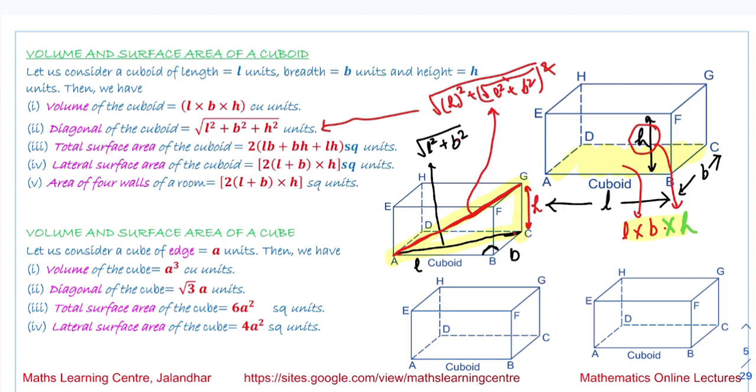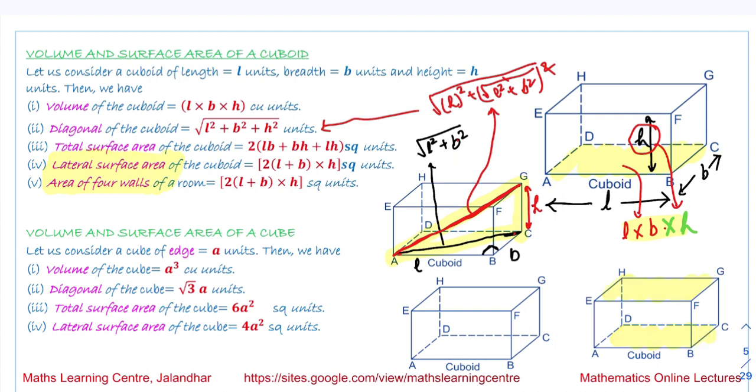Next is the total and lateral surface area. Lateral surface area is the area of the 4 walls. We are not talking about the floor and the ceiling, only the 4 walls.